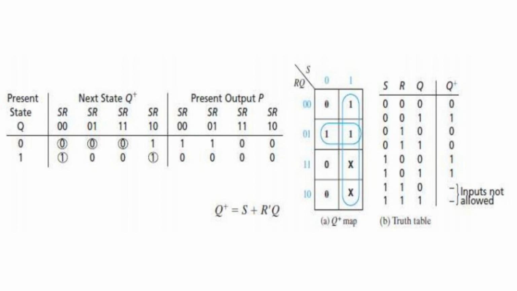When I change the input to S equal to 1 and R equal to 0, the present state is 0. As I am setting the latch, the next state will be 1. It remains the same for the next input: when S is equal to 1, R equal to 0, and the present state is 1, the next state also will be 1.